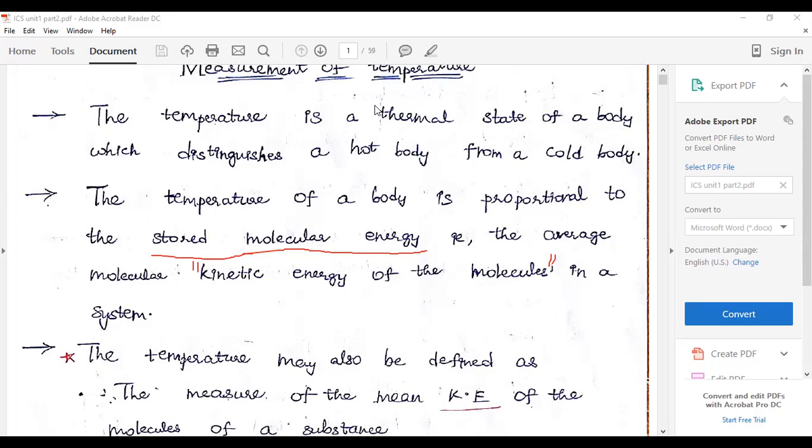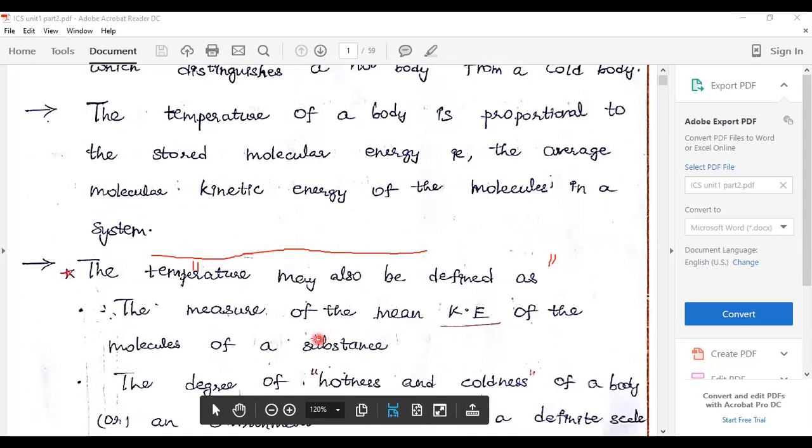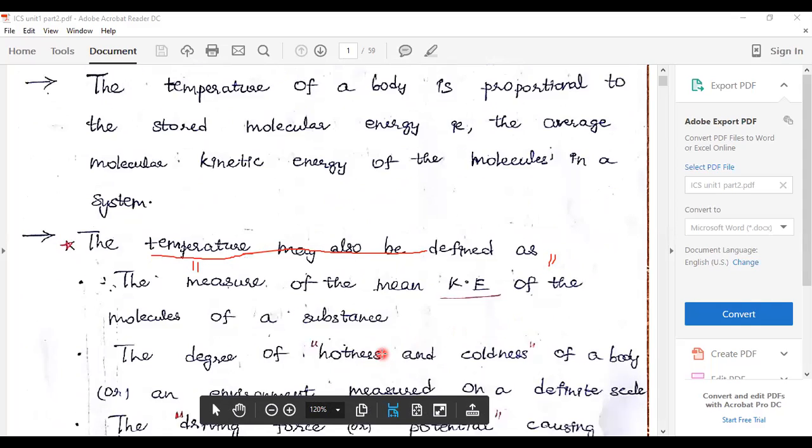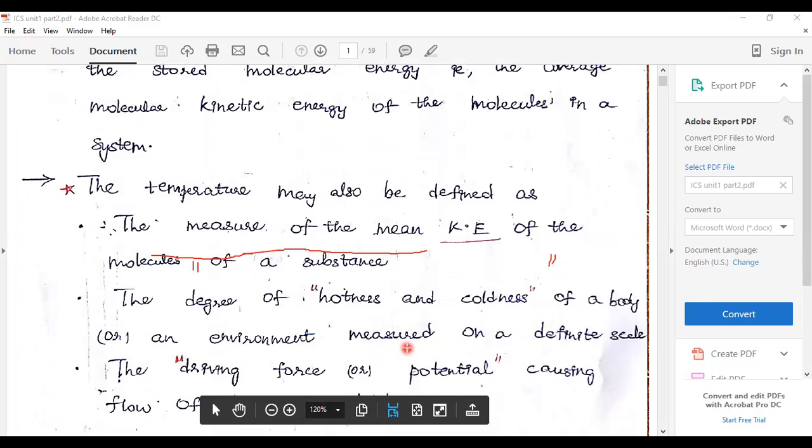Temperature of a body is proportional to the stored molecular energy. This temperature may also be defined as the measure of the mean kinetic energy of the molecules of a substance. The degree of hotness and coldness of a body or environment measured in a definite scale.